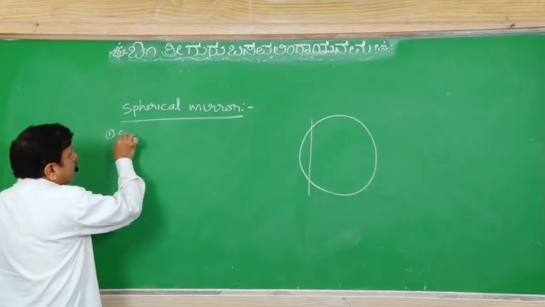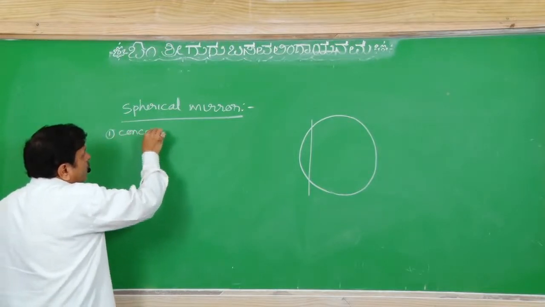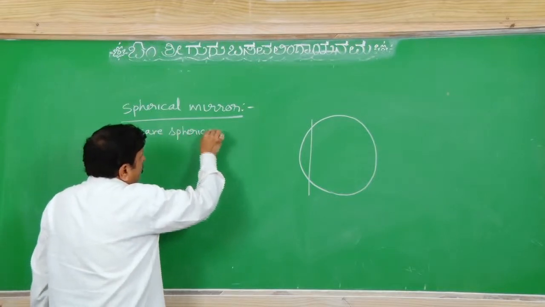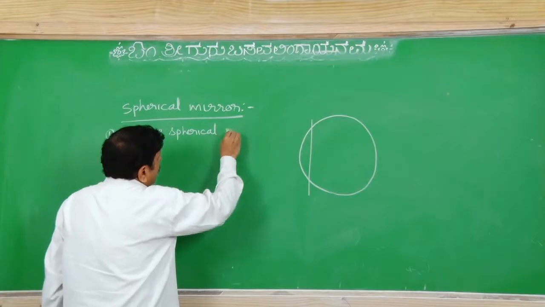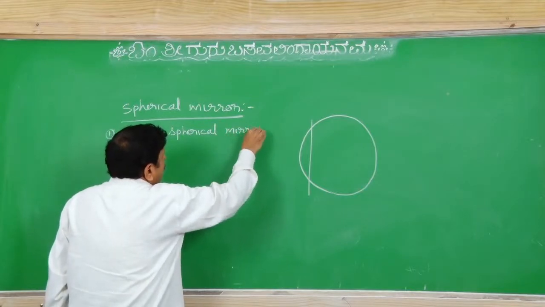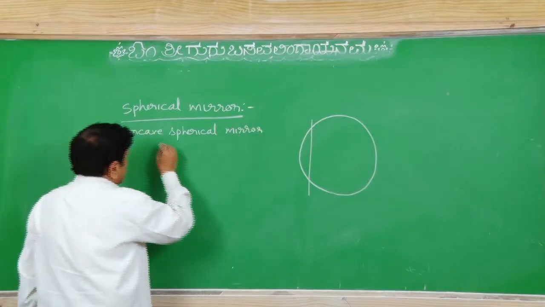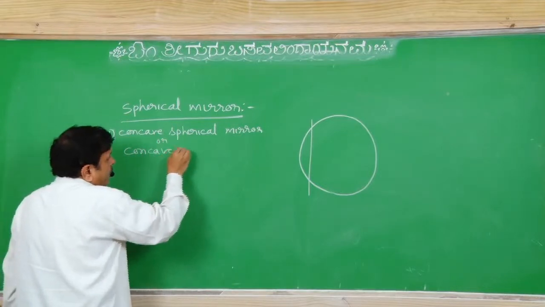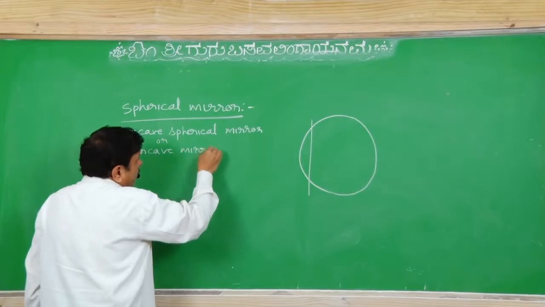One is the concave spherical mirror. It is mostly called only a concave mirror.